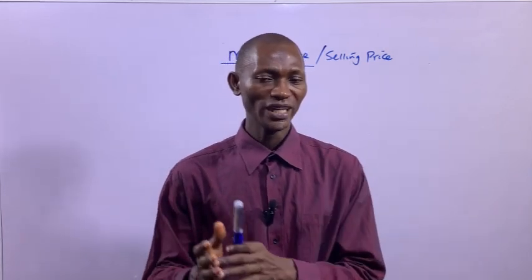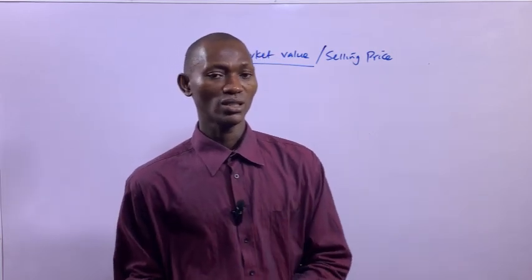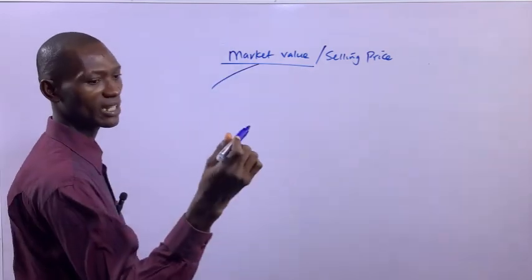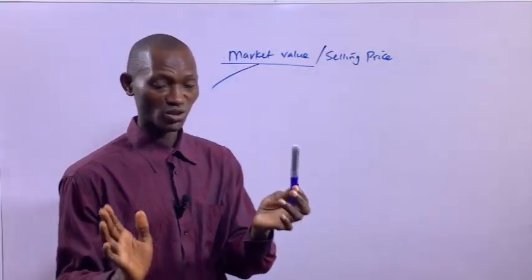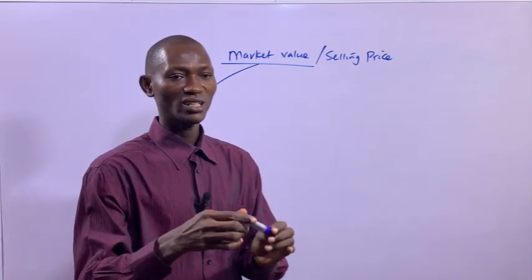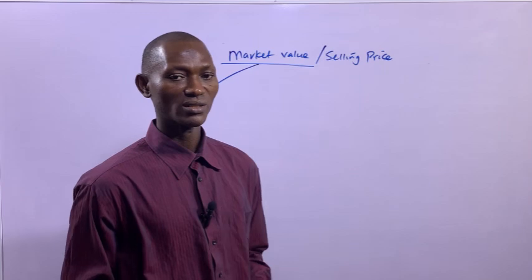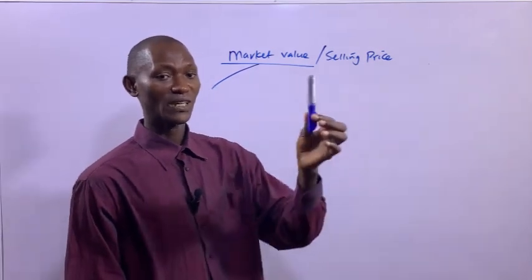Then we will compare it with our cost of production in our factory. Assume this marker is already in the market, and we also want to join the league of producers producing this marker. So we have to determine the market value of it.